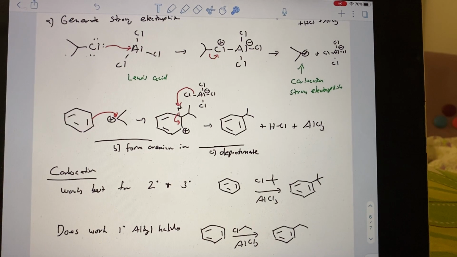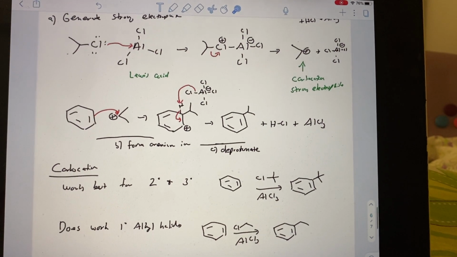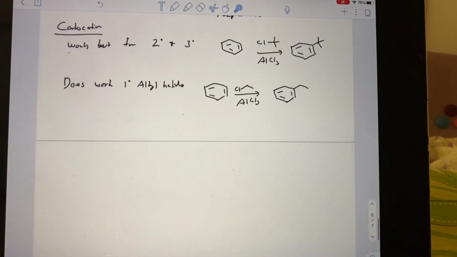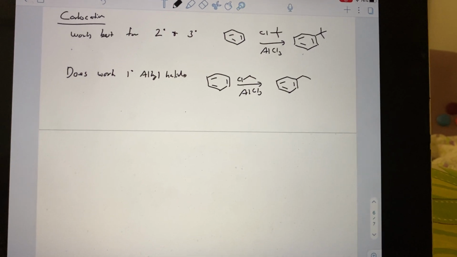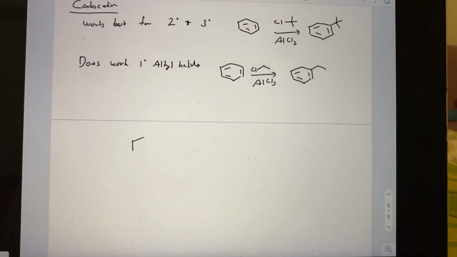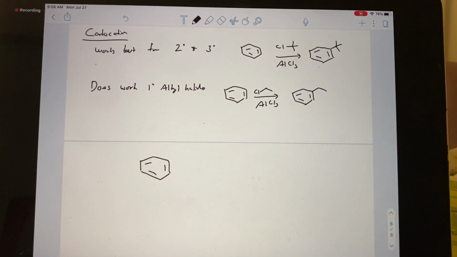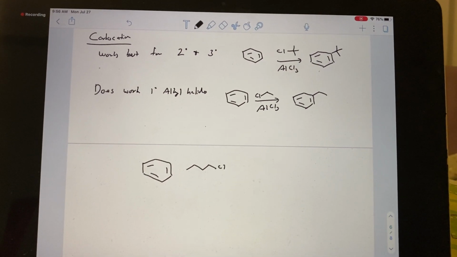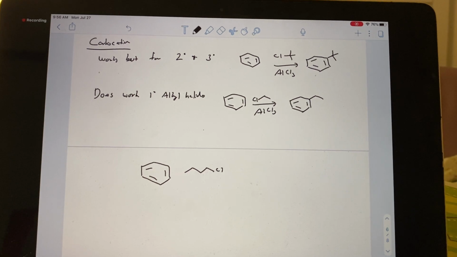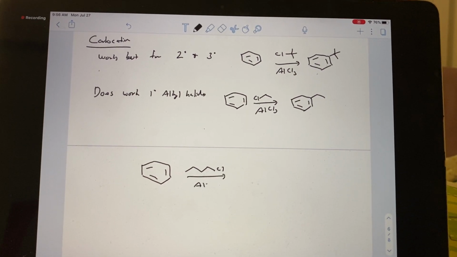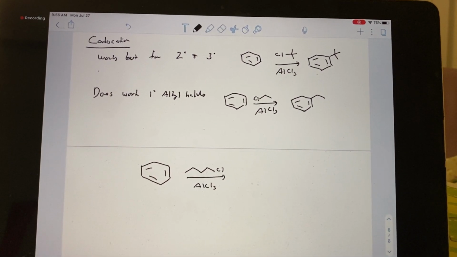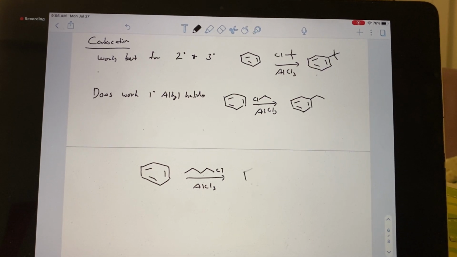However, along those lines, let's scroll up here for a minute. Let's consider this reaction. Let's take benzene again, and let's treat it with this primary alkyl chloride in the presence of aluminum trichloride, and you actually end up with two products.